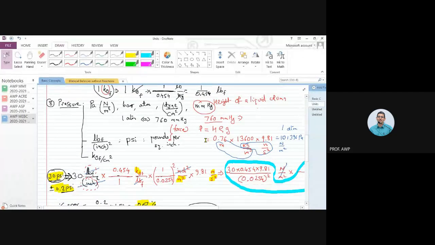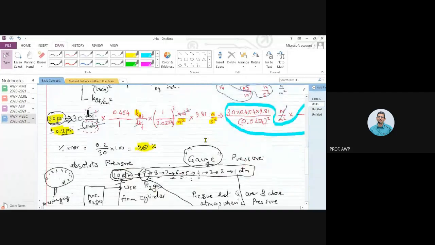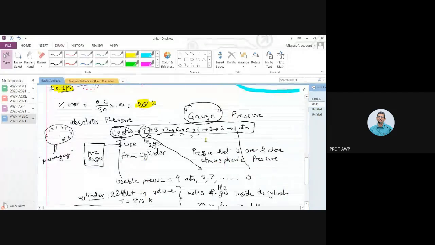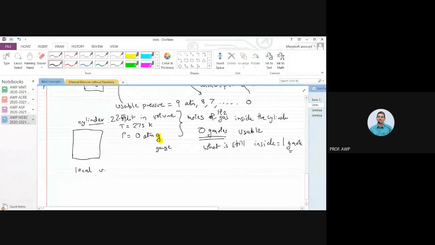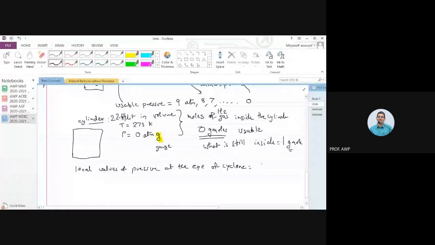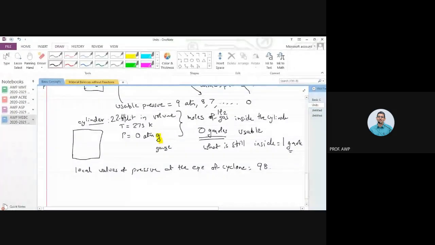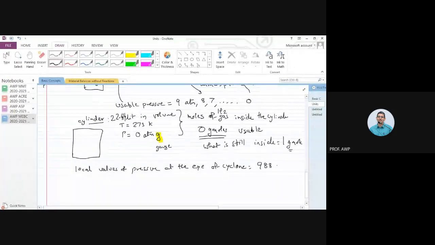But if you have to refer to atmospheric pressure, let's say there is a cyclone that came yesterday, if you have seen local values of pressure at the eye of the cyclone, that was something like 988 millibar, I think the lowest.